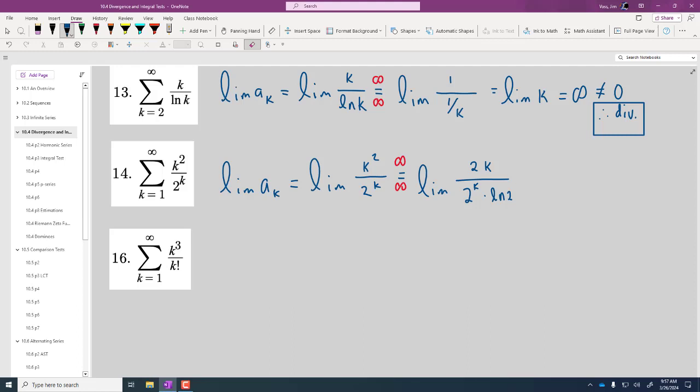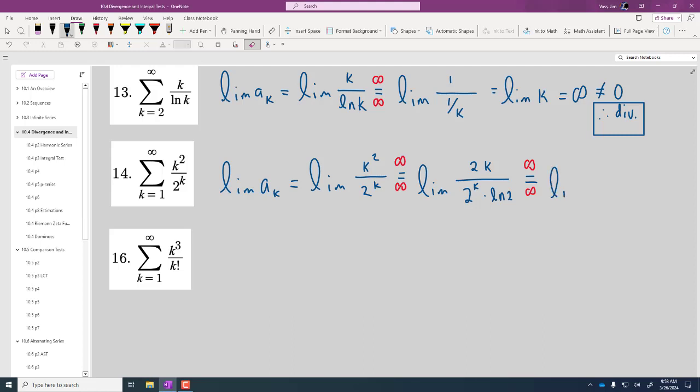But when the base is not e, then we have to do that extra multiplication. Okay, well, this is still an indeterminate form. So we're going to apply L'Hopital's rule again.